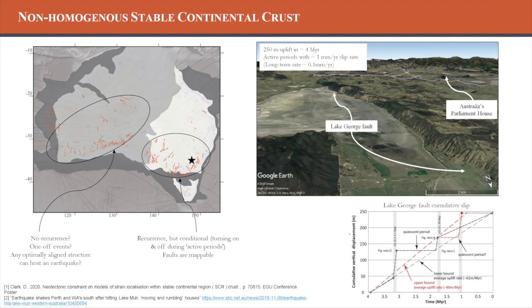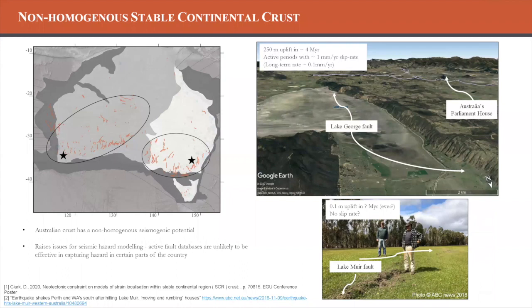So even though we see these active faults preserved in the landscape and in the topography in Eastern Australia, we don't know if we're in an active period or an off period. So seismic hazard in this case is still quite hard to do. But compare that with the central and west of the country, where the Lake Newer fault in 2018 clearly was not hosting much offset.